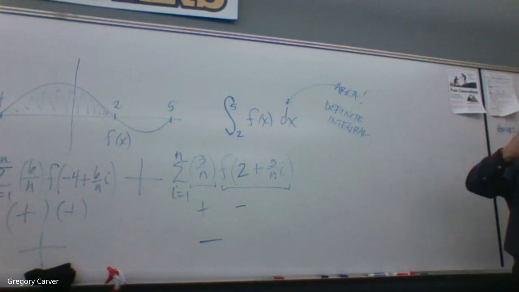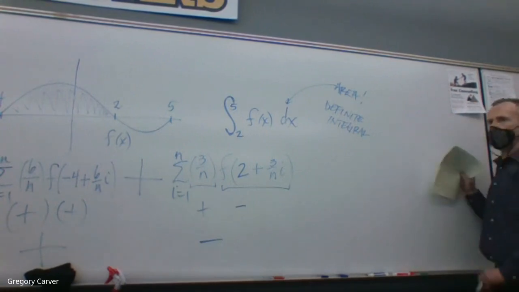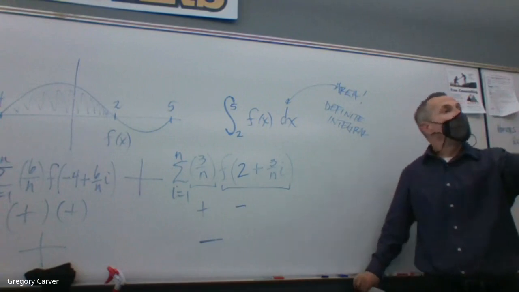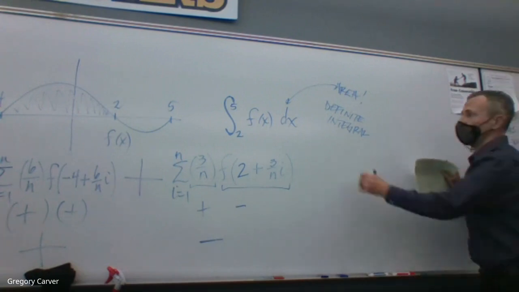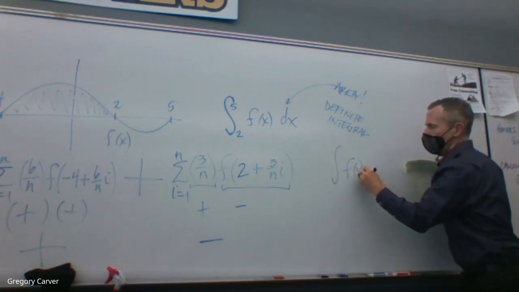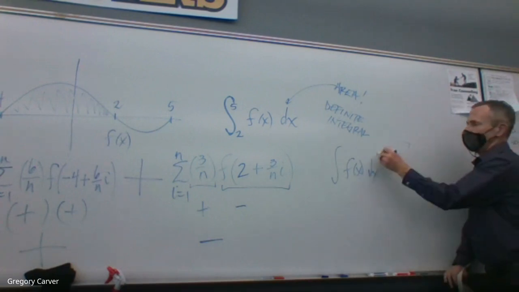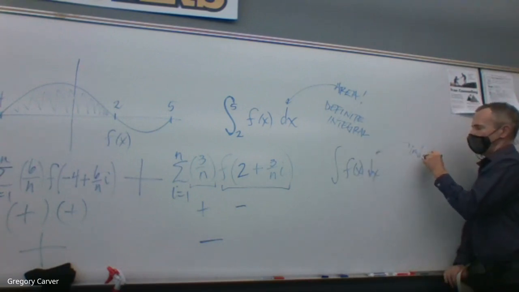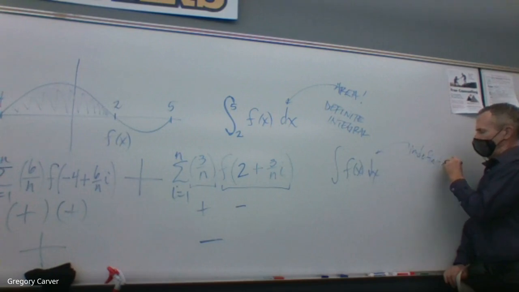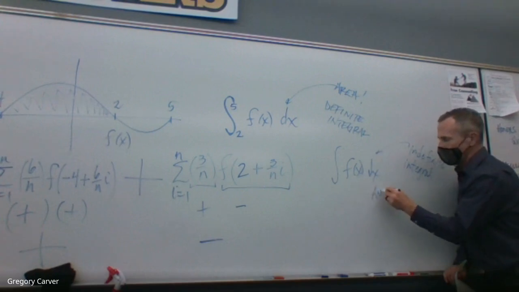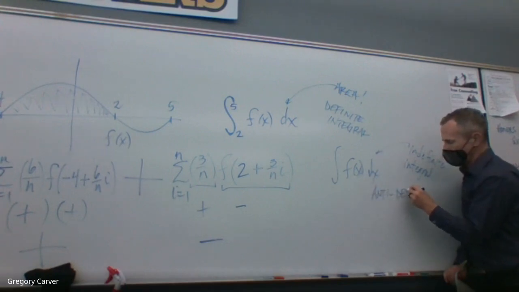How we doing, people? We okay? So look, can you read it okay, Skylar? Okay. Now let me back up a little bit, as opposed to what I had on the board before. This is an indefinite integral, and it means an antiderivative.